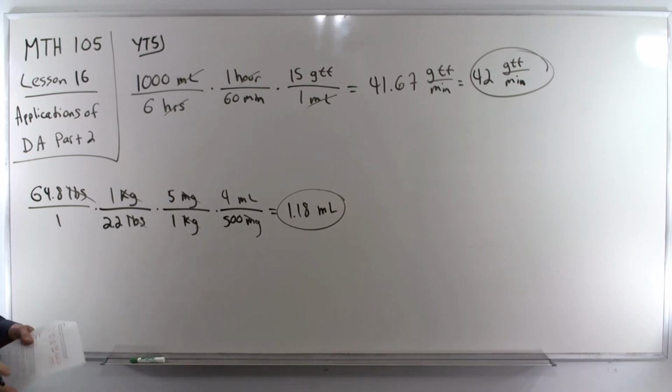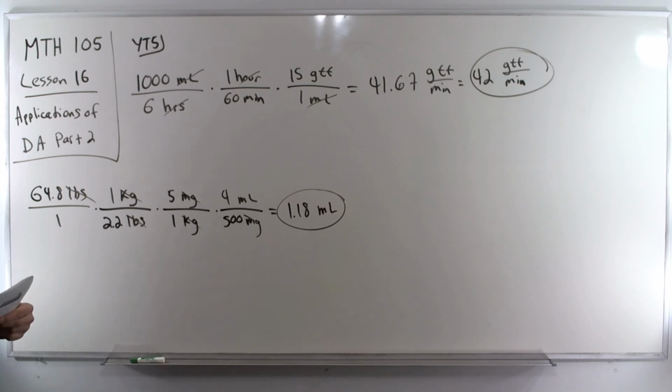Your turn, number 6. A 215-pound patient with an infection is ordered 7 milligrams per kilogram of vancomycin. The medication available comes in a strength of 375 milligrams per 10 milliliters.